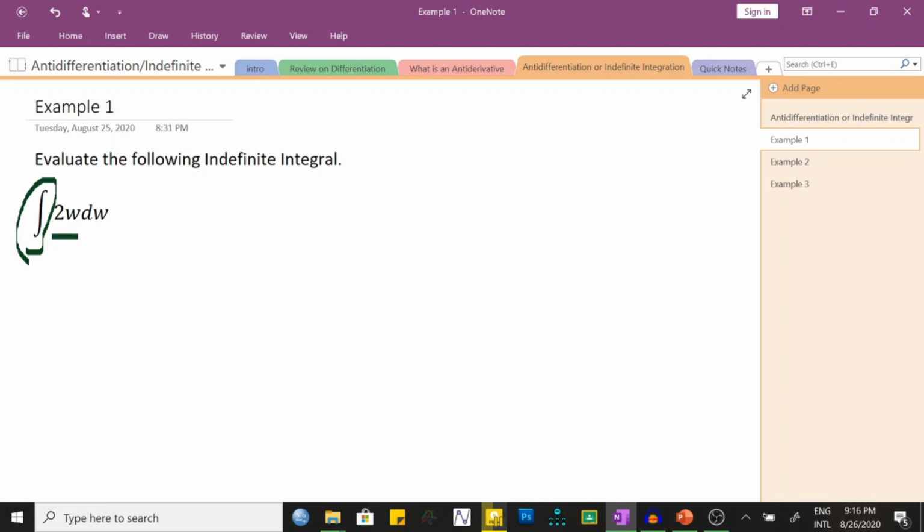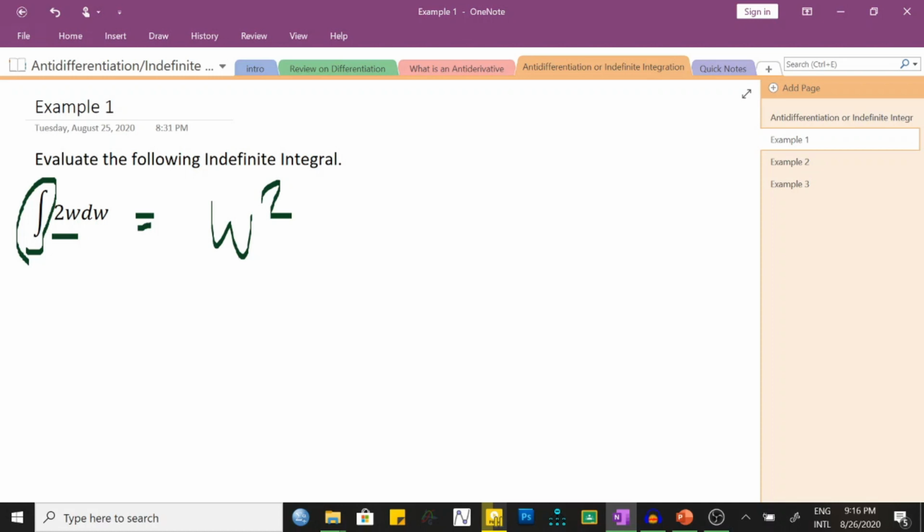So we read this as the indefinite integral of 2w dw. Now, how do we answer that? 2w, what is a function that when we take its derivative is 2w? That is w squared, right?